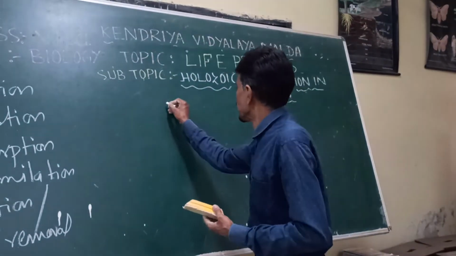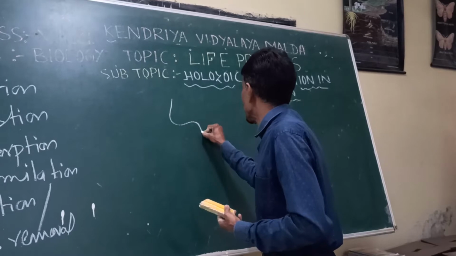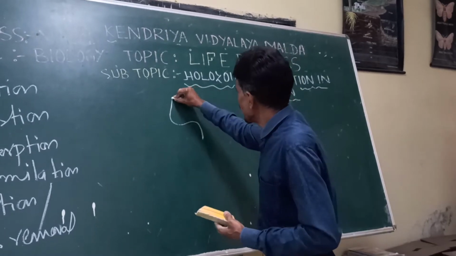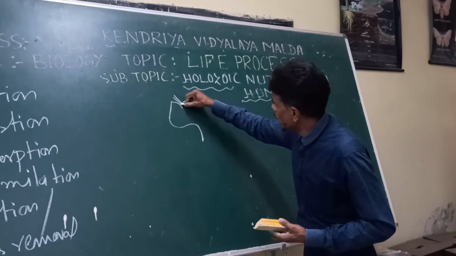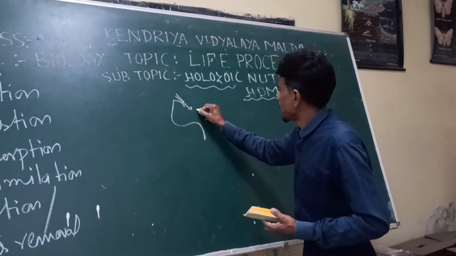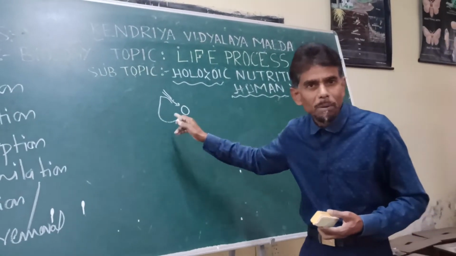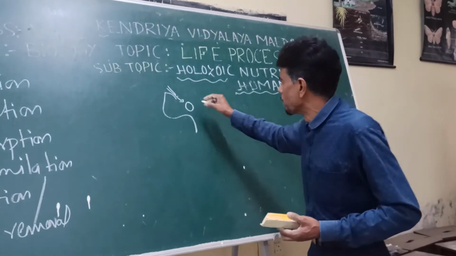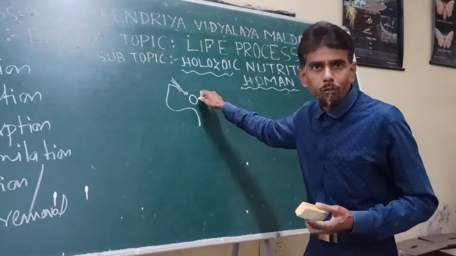So if I draw in a simple way, the mouth cavity through which we take the food inside our buccal cavity or mouth cavity. This is the mouth cavity where we are taking the food.